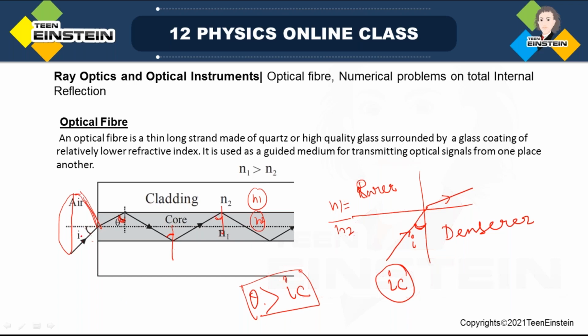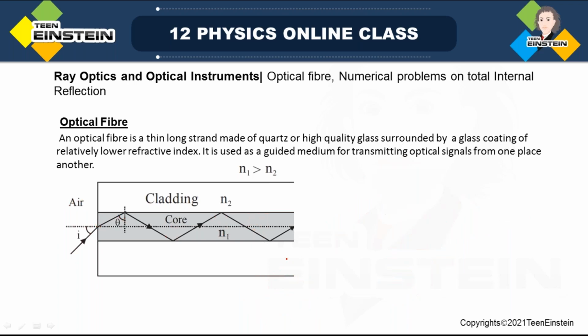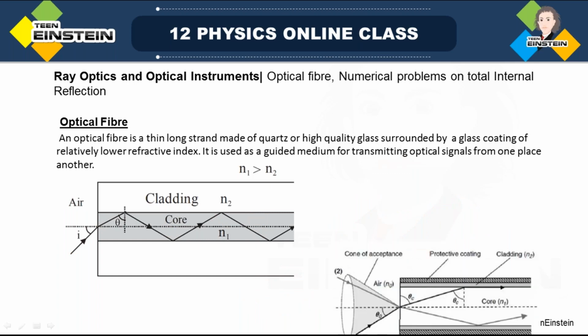There is a limit within which whatever light enters into the optical fiber will suffer total internal reflection, because theta will be greater than IC. That particular angle will be called the angle of acceptance, and that can be calculated.